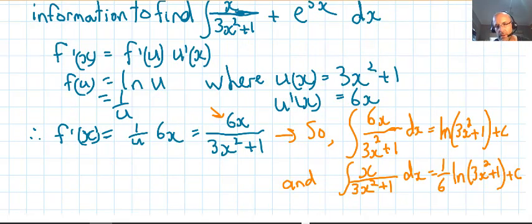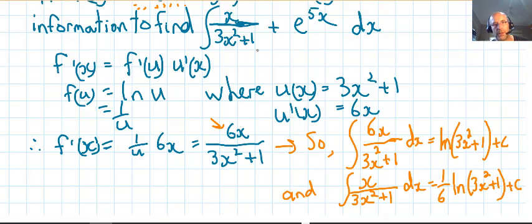And more to the point, if we had the integral of x over 3x squared plus 1, it would be 1/6 of the previous result. Go back to at least one part of the requested integral. It was that there, so we actually had to integrate that which is sitting down there, and we've got a result for that part. Now we've got a sum here, so we can split it into two separate integrals, or two separate integrands, things being integrated. So let's do that, and then we should have our answer.